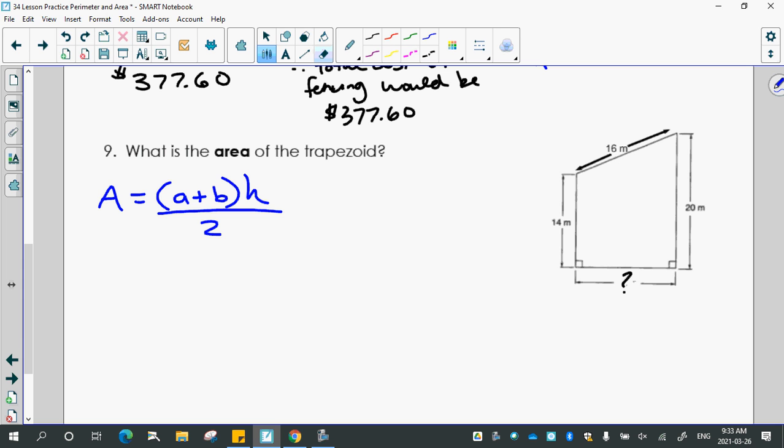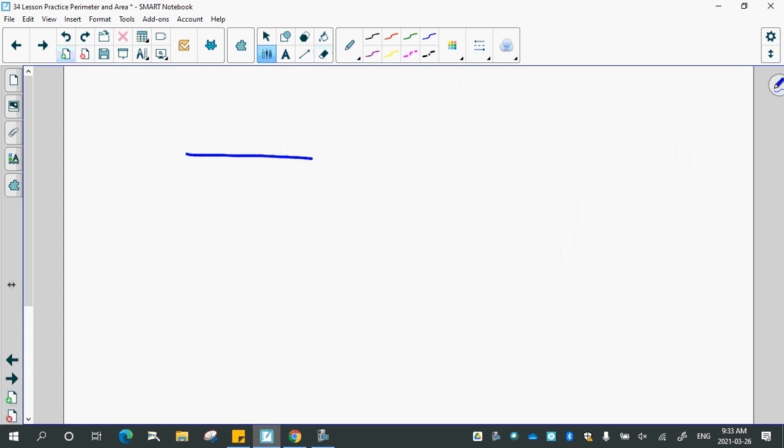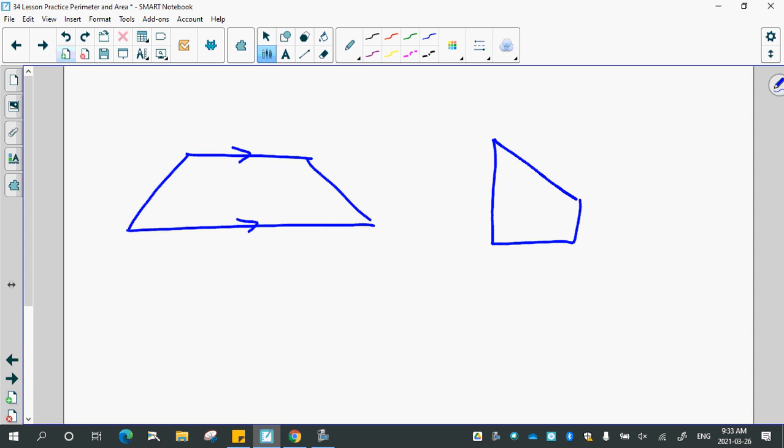Everyone heard it? Okay. I don't know if you covered it in grade 7 and 8. So a trapezoid, you can draw them in many different ways, but basically they are four-sided figures with one set of parallel sides. So this is a trapezoid, if these are both right angles, because that makes these sides parallel.